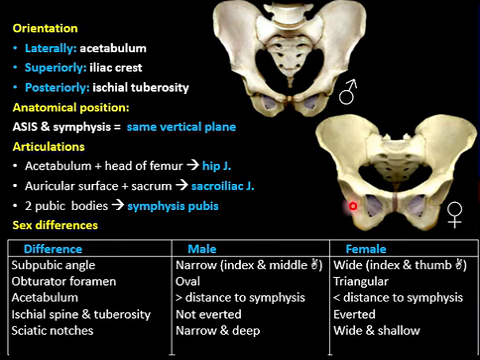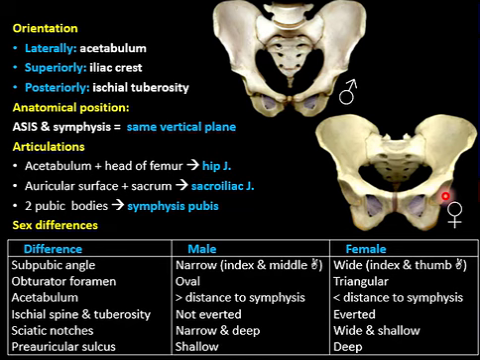Also, the sciatic notches, since in the male the pelvis is longer, are narrow and deep, while in the female they are wide and shallow. The preauricular sulcus in front of the auricle is typically present in a female that has given birth to a baby, and you will know that later in obstetrics.